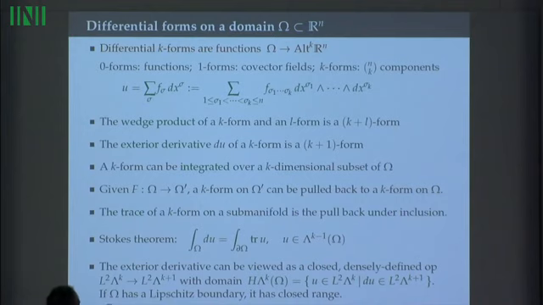We take the point of view that the exterior derivative can be viewed as an operator on L2 whose domain is H Lambda k, which means the things in L2 such that du is also in L2. And there's a theorem that's not easy to prove, that if omega has a Lipschitz boundary, this operator always has a closed range.